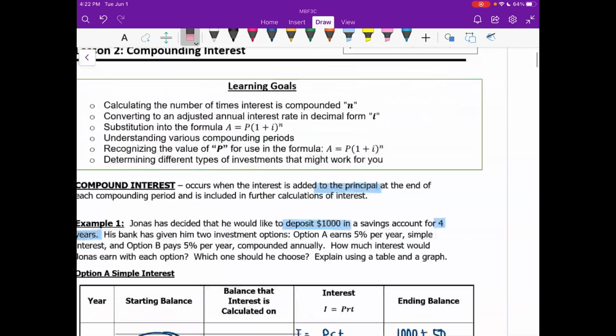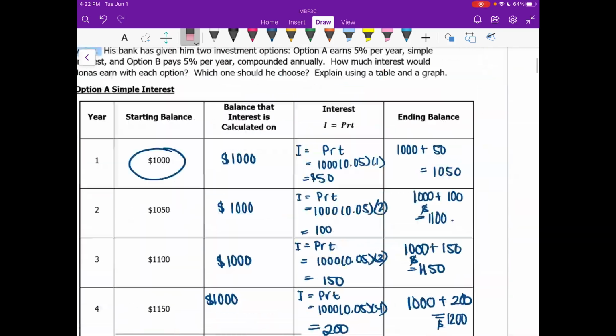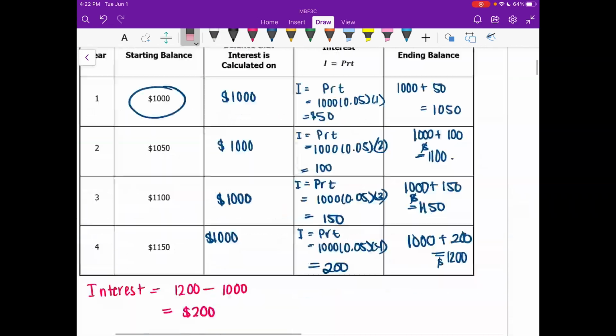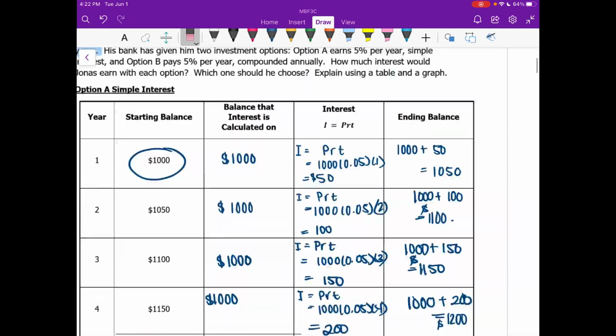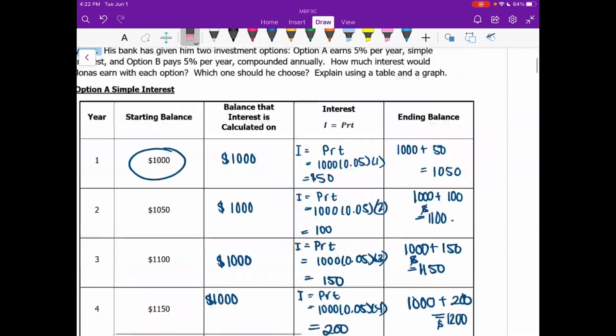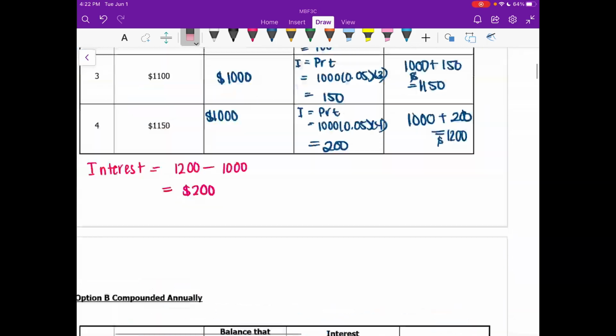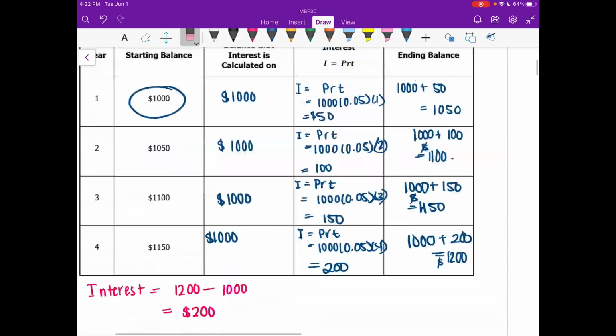Notice how it's already more than it was here, right? Because here it was 1,100 and now it's 1102.50, and I know it's only $2.50, but it's already more. So now we're going to take this 1102.50. That's what our new interest is going to be calculated on.